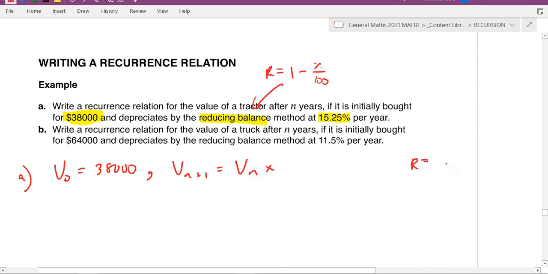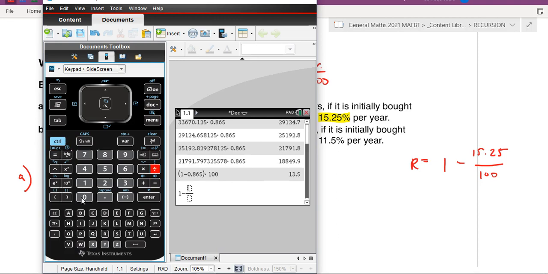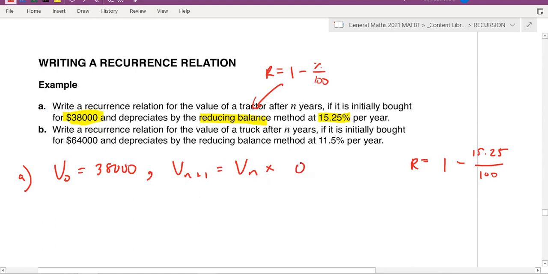R equals 1 take away 15.25 over 100. You can use your fraction button if you like: 15.25 divided by 100. And R equals 0.8475. And that's it. That's for writing your recurrence relations for reducing balance. Really easy.